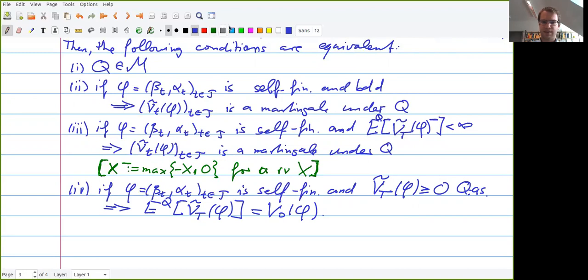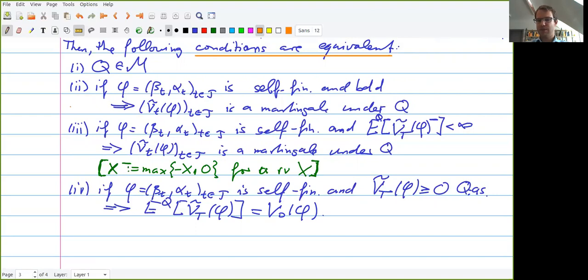And all these three are equivalent conditions. So we can fully characterize the property of a measure being a martingale measure in terms of the behavior of the associated discounted gain processes, if we always assume they are self-financing.